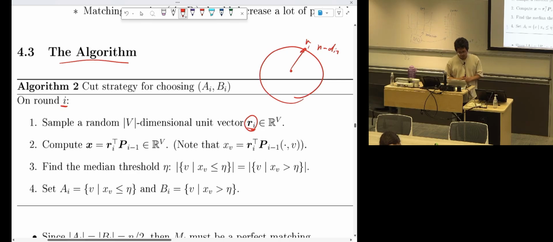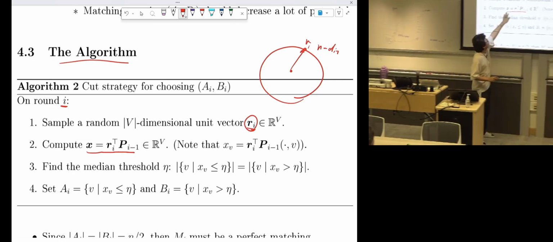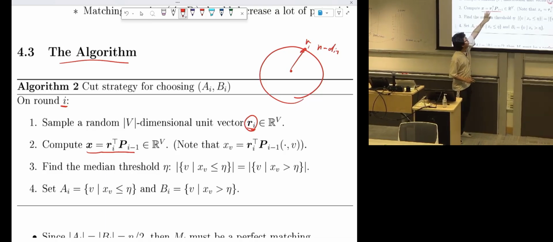And now what's next is that we're going to compute this thing. So what is this? This is basically the position of all points projected down to Ri, right?